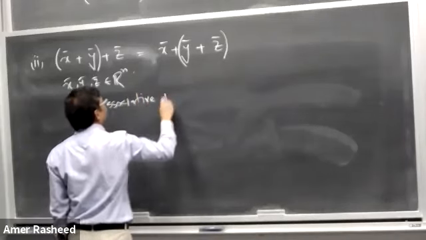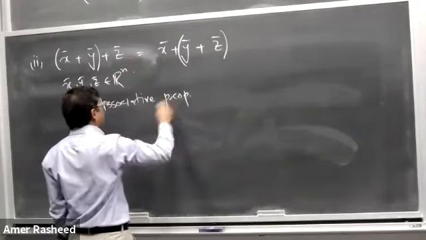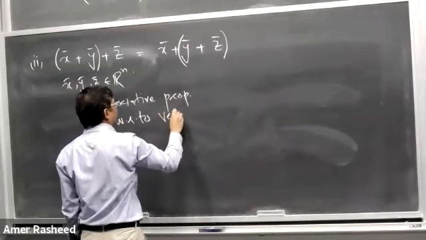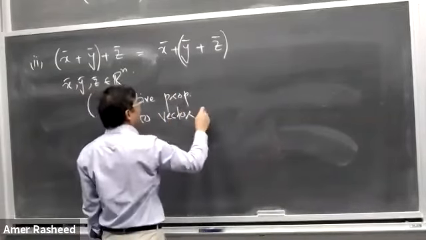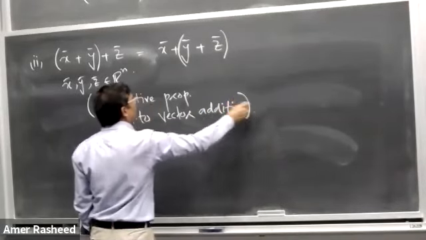Associative property of vectors with respect to usual vector addition. How to add these two vectors?